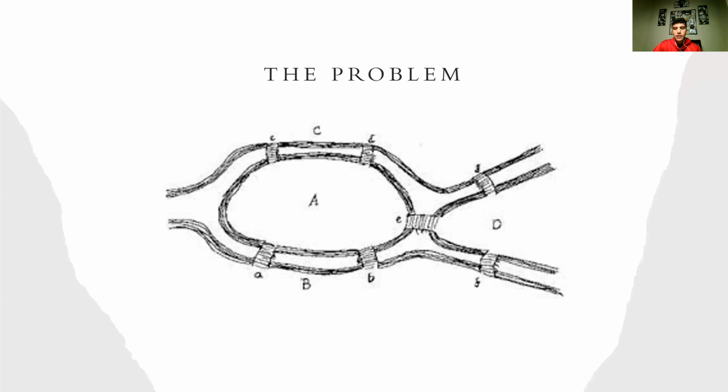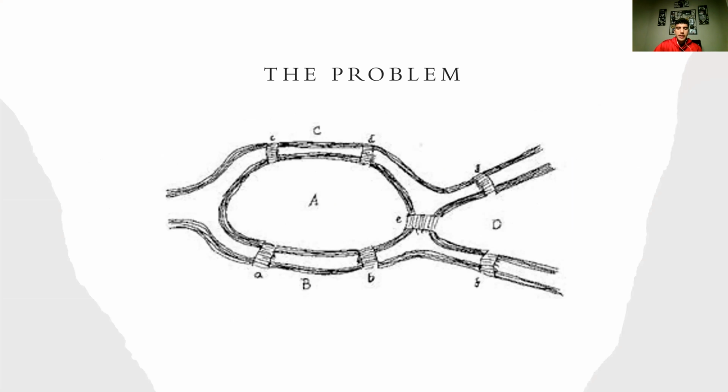So this is the problem of the bridges of Königsberg that Euler was commissioned with. As you can see here, there are 7 bridges and 4 areas of land. Basically what this depicts is the real city of Königsberg, where there was an island surrounded by bridges.